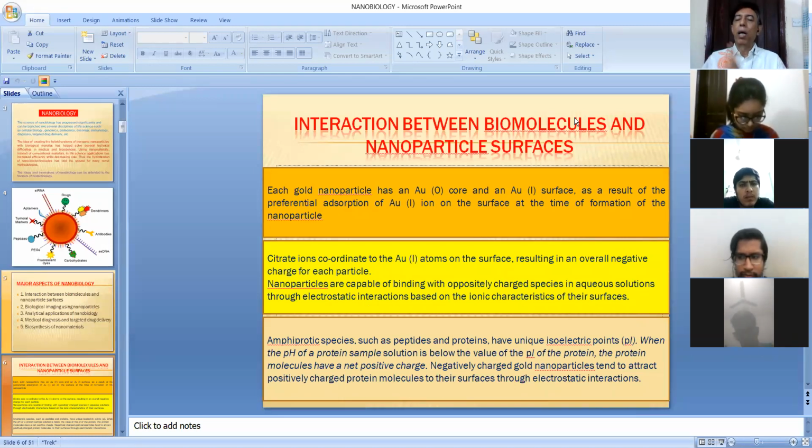Say, for example, in a definite kind of protein, alanine, the isoelectric point is at pH 4. That means at pH 4, the protein is neutral. Above pH 4, the protein is negatively charged, and below pH 4, that is pH 3, pH 2, pH 1, the protein becomes positively charged. This is the isoelectric point.